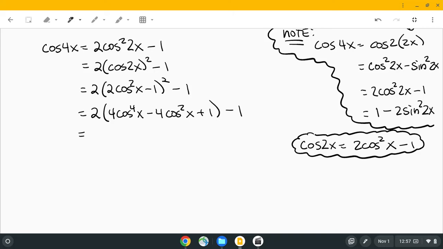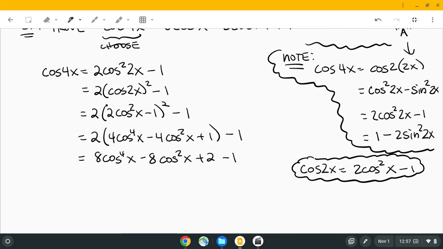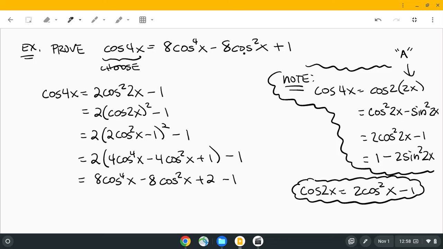Now I'm going to distribute the 2 that's out here: 8 cosine to the fourth x minus 8 cosine squared x plus 2 minus 1. Getting close. 2 minus 1 is 1, and there we have it.